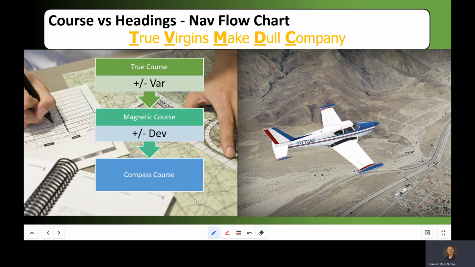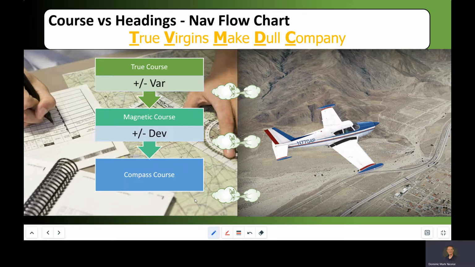In the aircraft, we have electrical interference with the magnetic compass, causing it to deviate one way or the other. And so we look at the compass card to determine, well, do we add or subtract what we read on the compass? And that gives us the compass course. So that's all great for planning purposes, but up in the air, we have to take into account the wind.